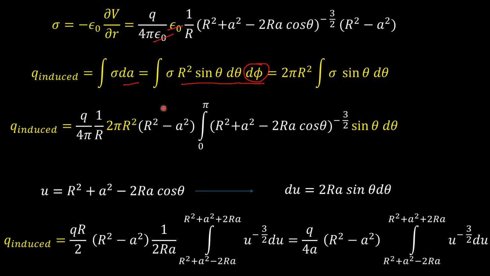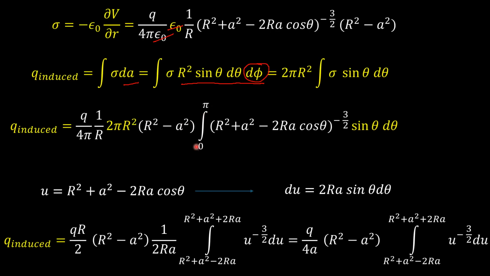Here you have 2 pi R squared multiplied by this factor. This is also independent of theta, so we can take out R squared minus a squared. Then the remaining term, R squared plus a squared minus 2 capital R a cos theta to the power minus 3 by 2, you are integrating with respect to theta between the limits 0 to pi.